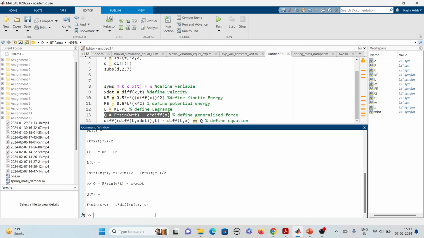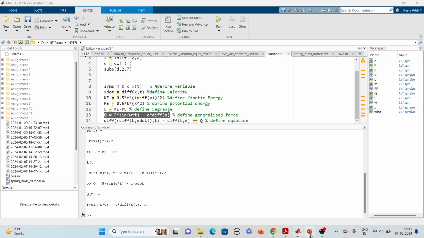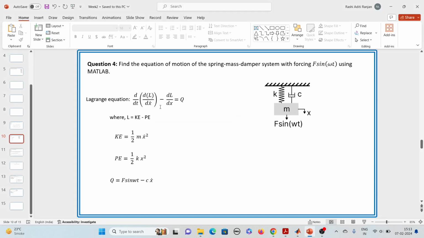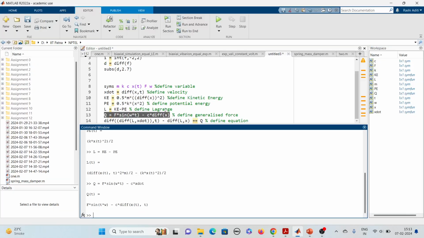Now, I want to apply the equation of motion. First, let us see in this PPT that the Lagrange equation is given like this: d by dt of the differential of Lagrange with respect to x dot, minus differentiation of Lagrange with respect to x, which is equal to capital Q. Now I want to write this in MATLAB. How am I going to write it? I'll not just copy paste it from the code; I'll write it so that you are going to understand.